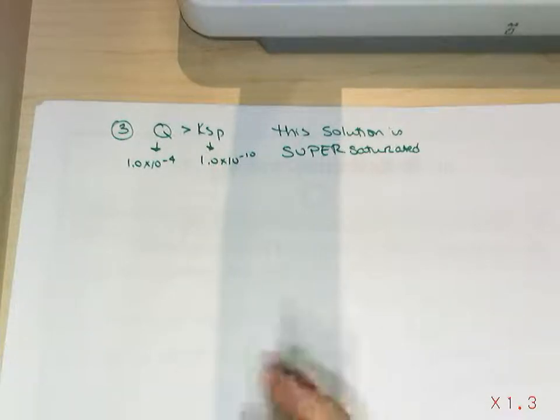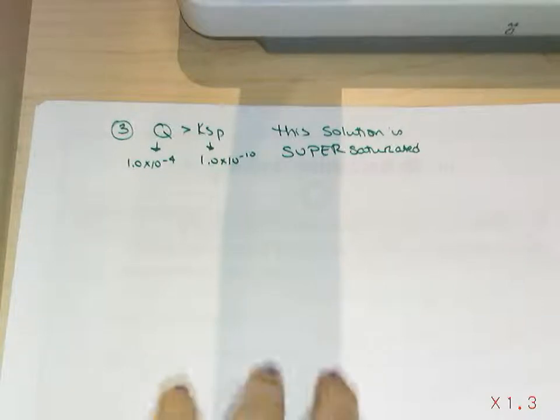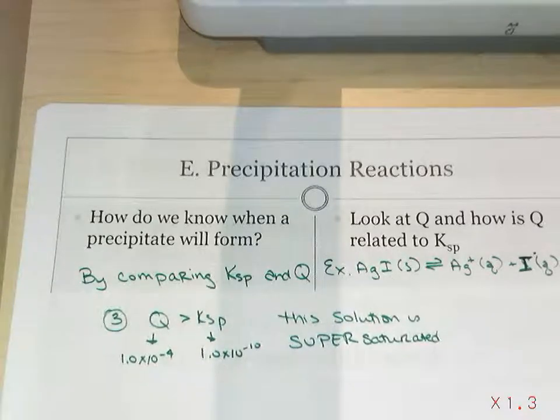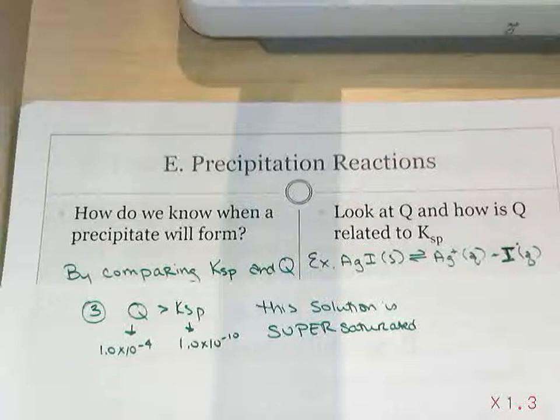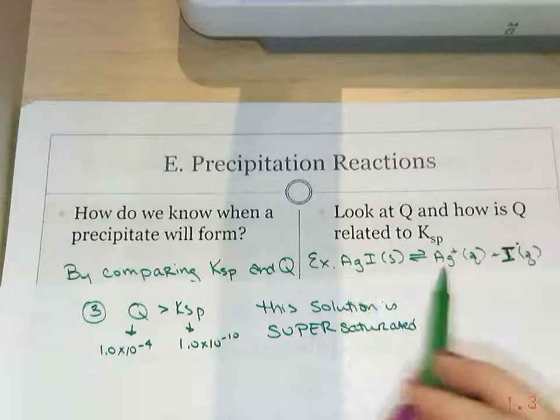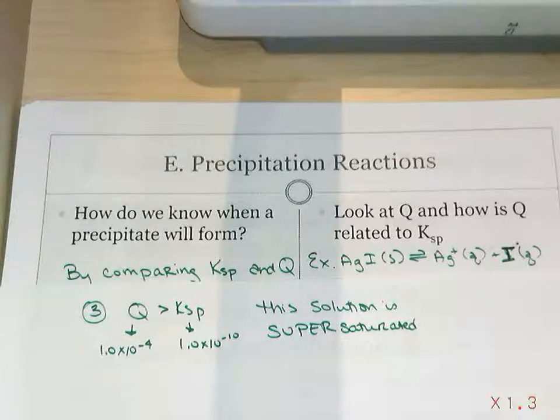So what is going to happen to our reaction to get back to regular saturated? Are we going to move towards products or move back towards reactants? You got to move back towards reactants.